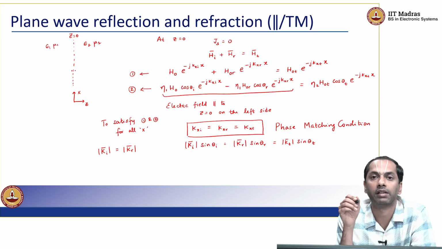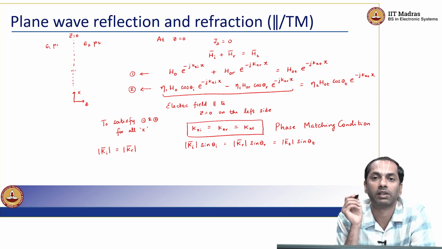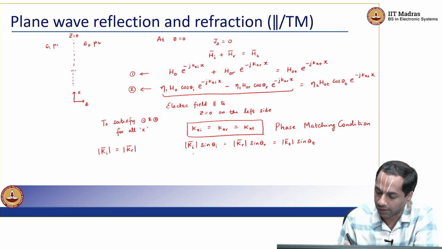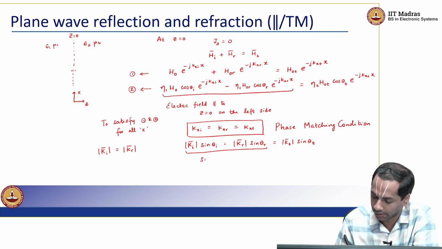So, since the incident and reflected waves are in the same medium 1, the modulus of the k vectors has to be the same. So, when I take the first two, I essentially get sin theta I is equal to sin theta r, or theta I equals theta r.